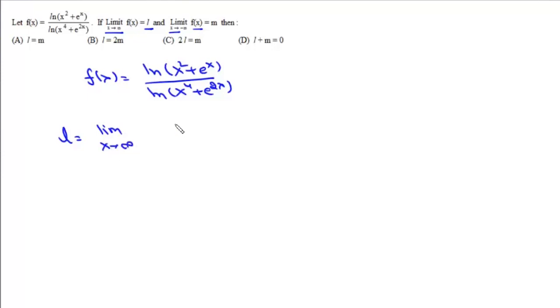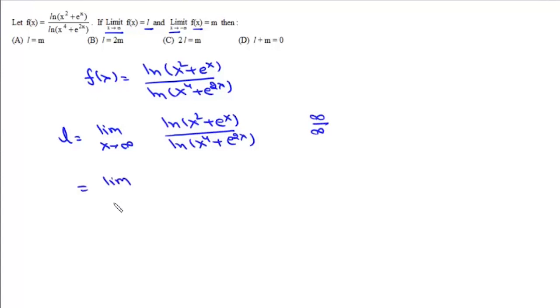x tends to infinity, log x square plus e to the power x upon log x to the power 4 plus e to the power 2x, which is infinity upon infinity form. We'll use L'Hopital's rule.